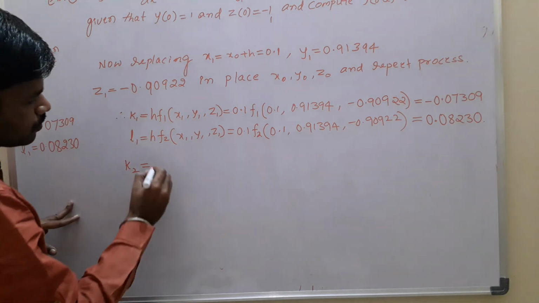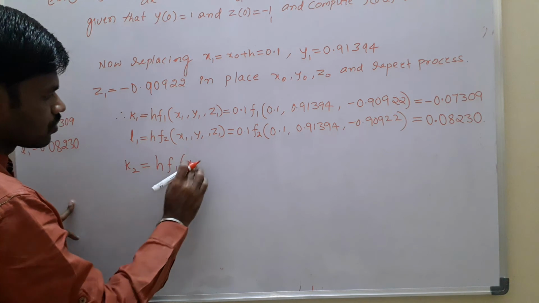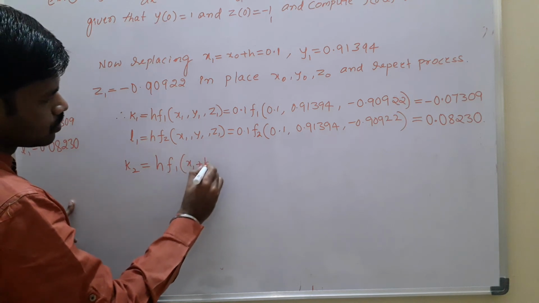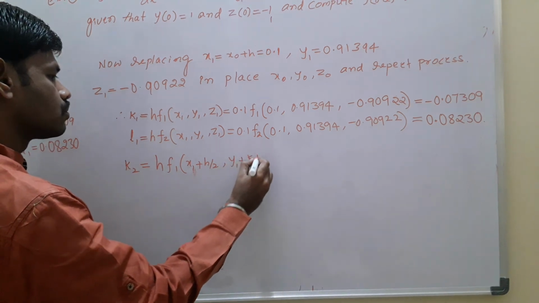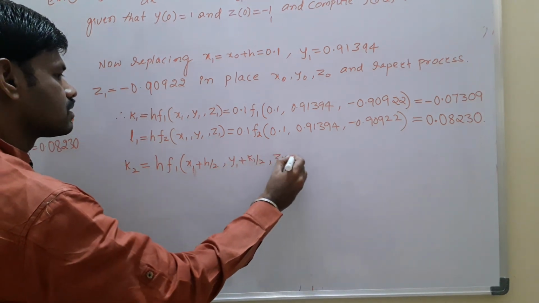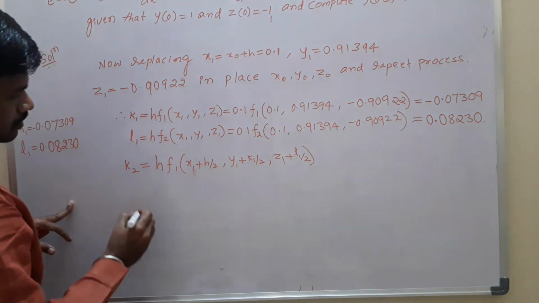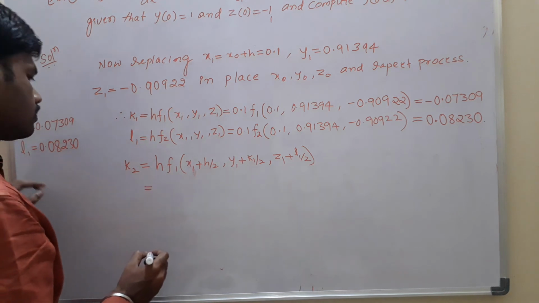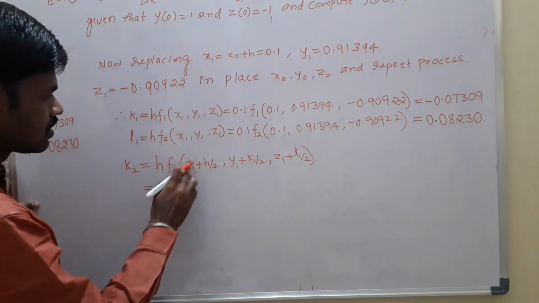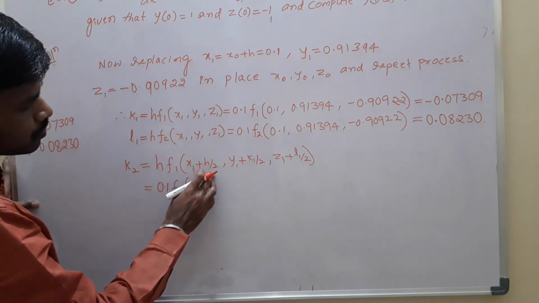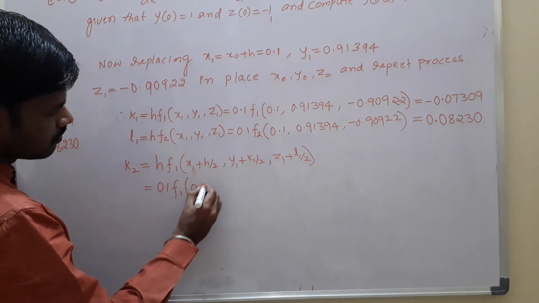And k2 equal to h into f1 of x1 plus h by 2, y1 plus k1 by 2, z1 plus L1 by 2. So that is equal to h is 0.1 and f1, x1 is 0.1 plus h by 2, we get 0.15.